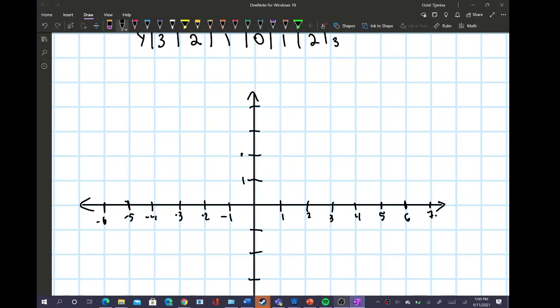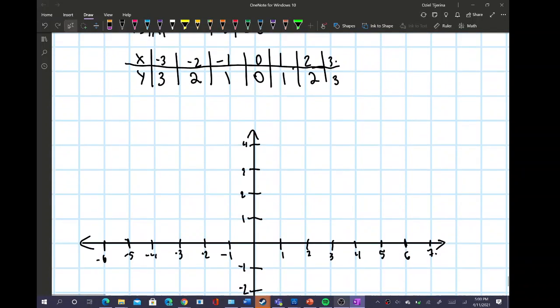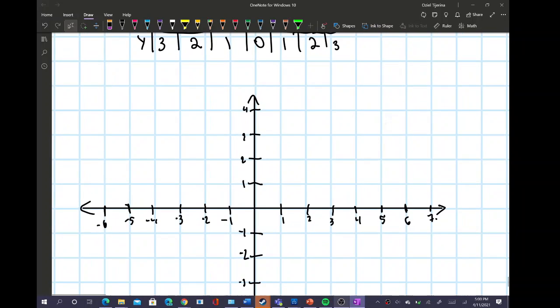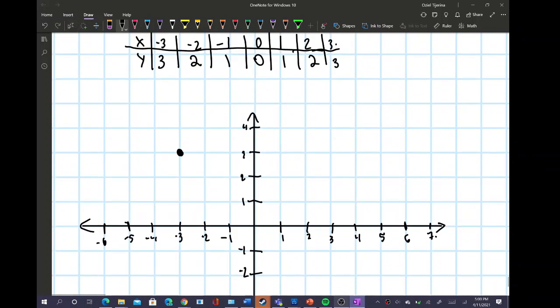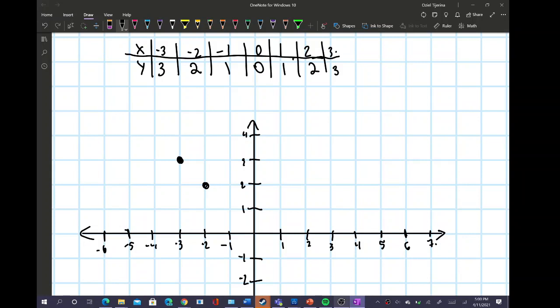And then we have 1, 2, 3, 4. So let me go ahead and just finish. Okay, so we have -3, 3, right? So right here, -2, 2, -1, 1, 0, 0, 1, 1, 2, 2, and 3, 3, right?